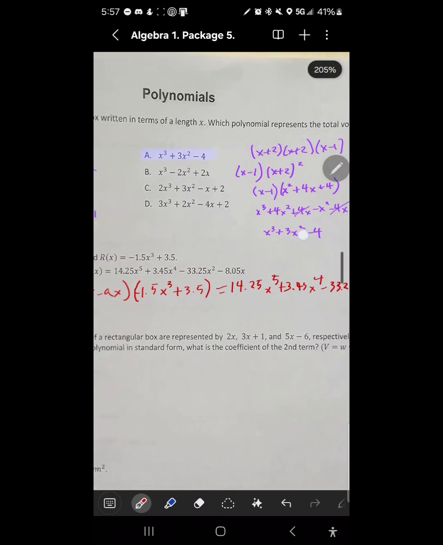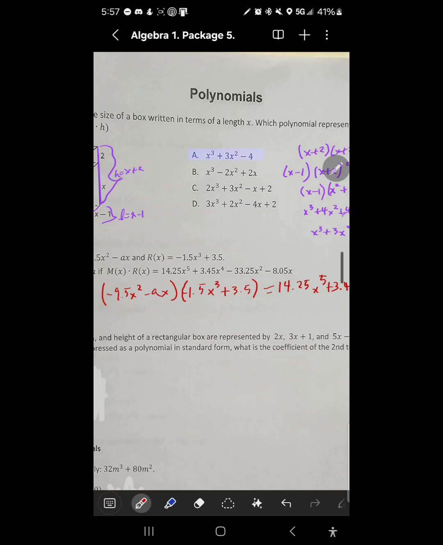Now, I'm trying to solve for a, so something that I can do is just divide both sides by this whole term. And this is a new thing that we need to learn, how to divide with polynomials. We cannot do anything with that in the calculator.